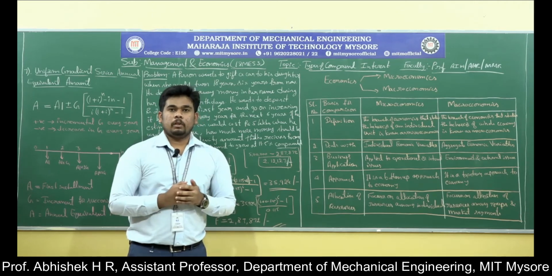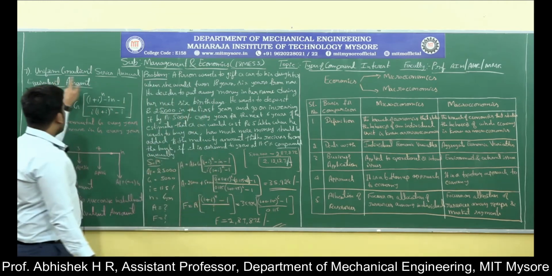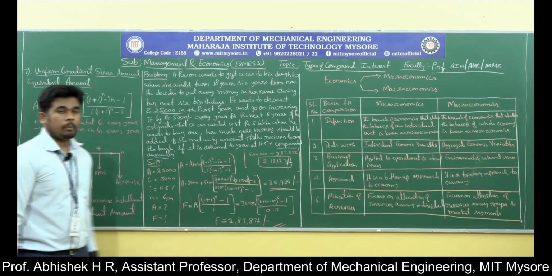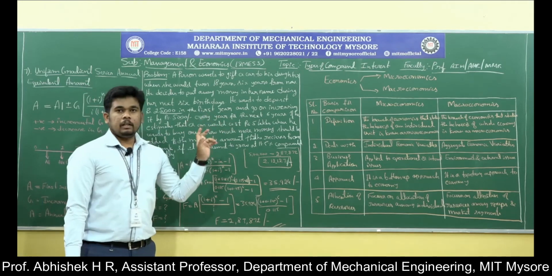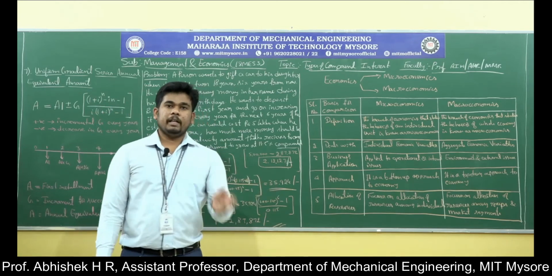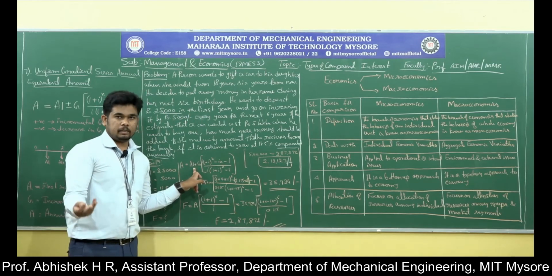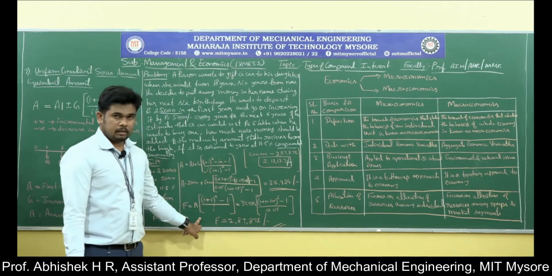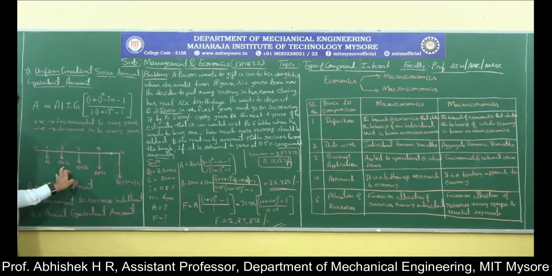So this is about the 7th type of compound interest, that is uniform gradient series annual equivalent amount. Suppose in place of it goes on increasing, if you get any decreasing amount in a different kind of problem, you have to use the negative sign. That's it. For this the cash flow diagram is also simple.